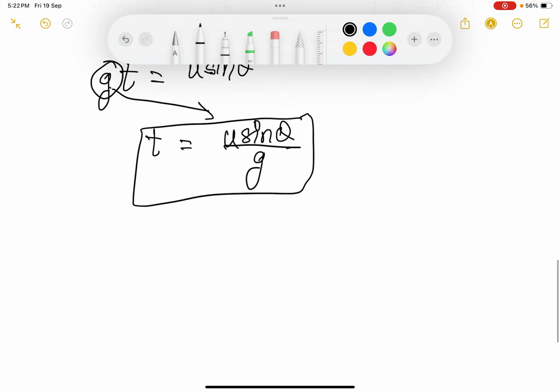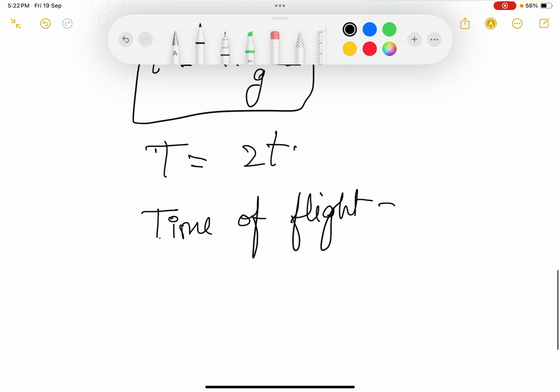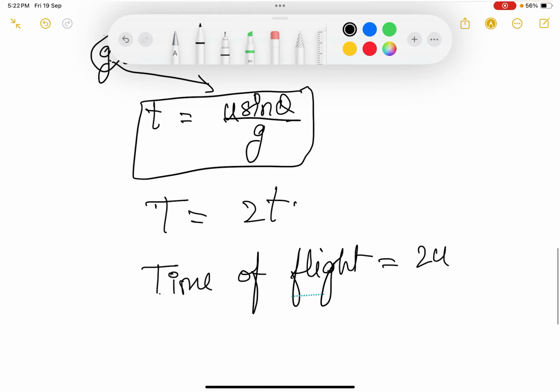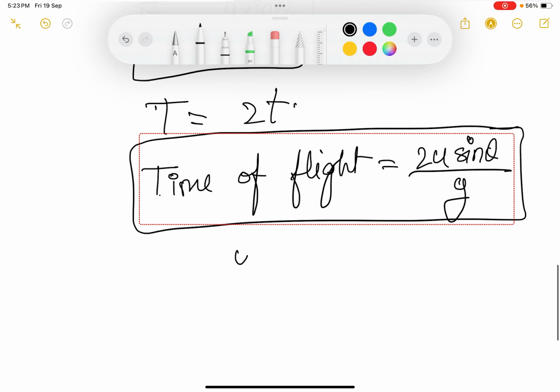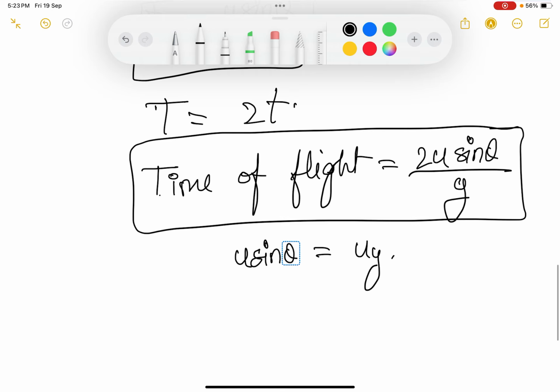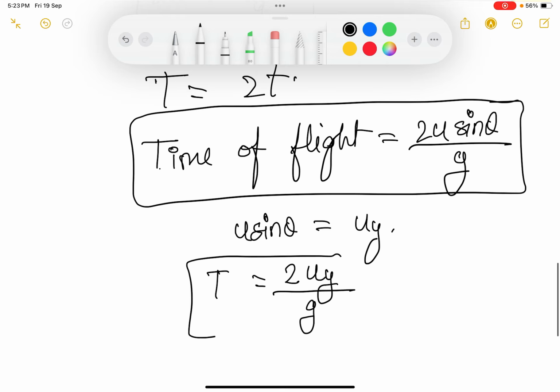So the total time, or time of flight, is equal to 2u sin theta upon g. This can also be written, since u sin theta is equal to uy, as capital T is equal to 2uy upon g.